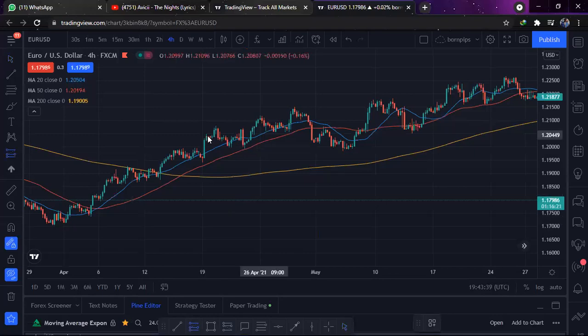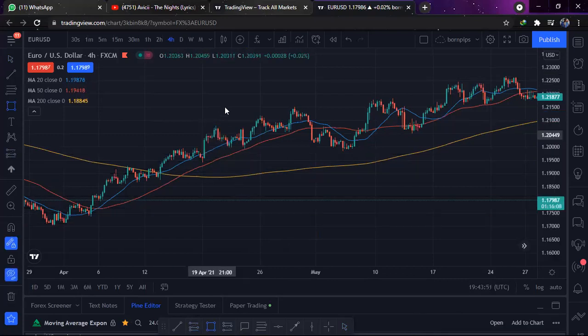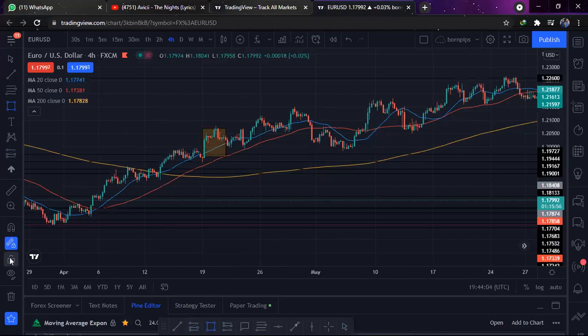So I think we took, let me choose this for example, our first trade right here. I can't add more markups because I have a lot of markups on my chart, and it will get you confused.